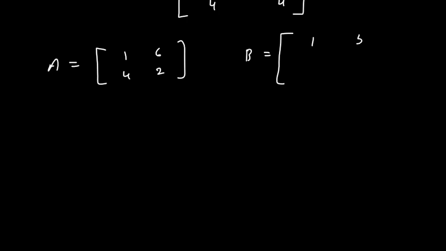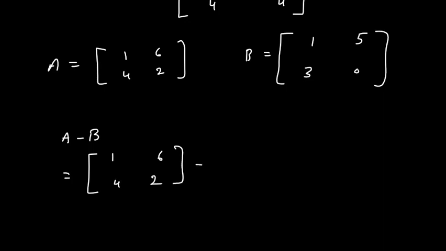Similarly, you can do subtraction. Say A is equal to 1 6 4 2 and B is, taking any example, say 1 5 3 0. If we want A minus B, we write A as 1 6 4 2 and subtract 1 5 3 0.